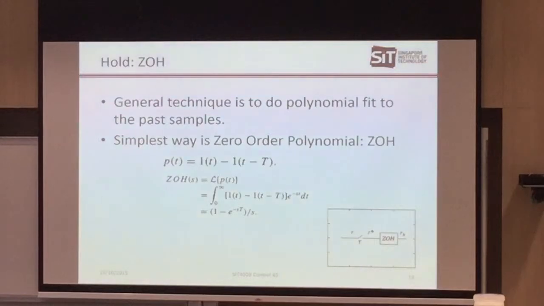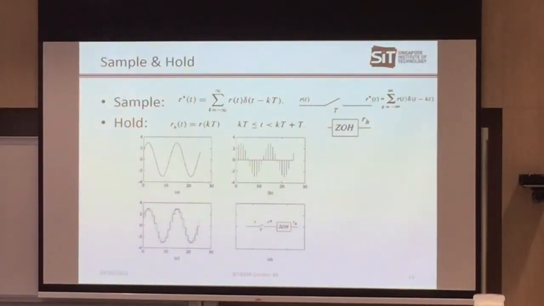If you keep your value constant, it's like you multiply with the unit step. If I want to hold my signal constant, it means I'm going to multiply with 1.